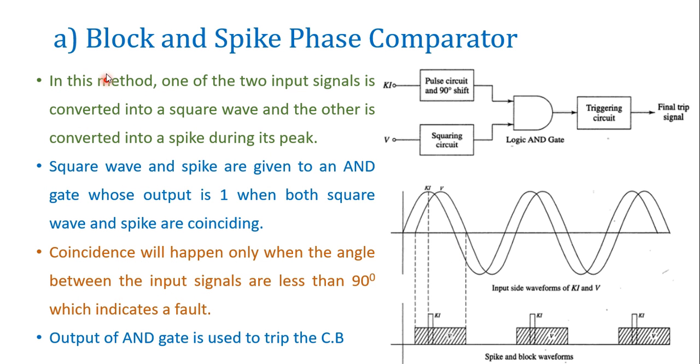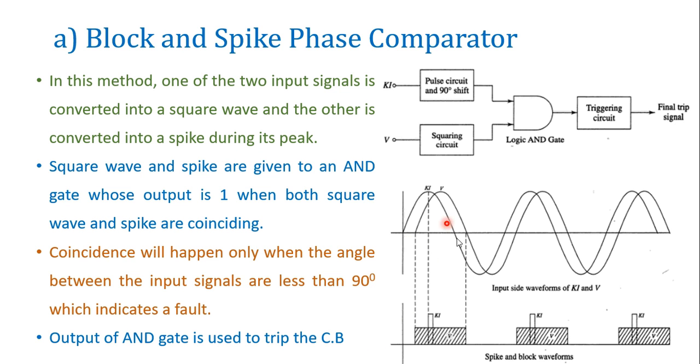First we can see the block and spike phase comparator. In this method, one of the two input signals is converted into a square wave and the other is converted into a spike during its peak.